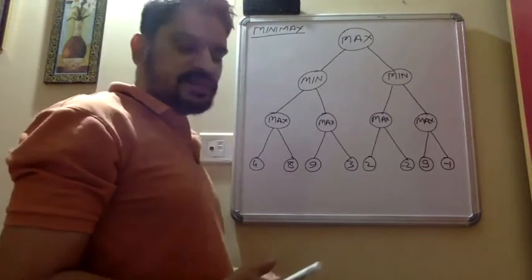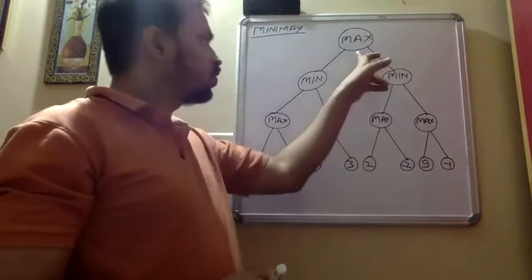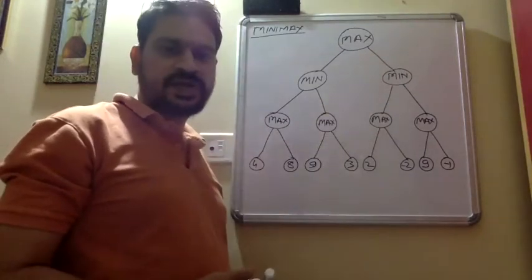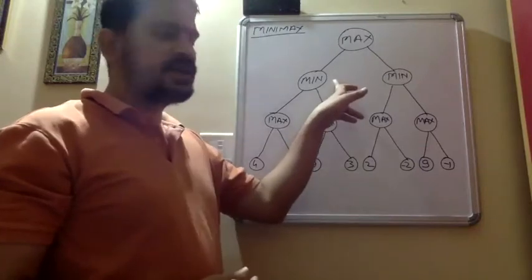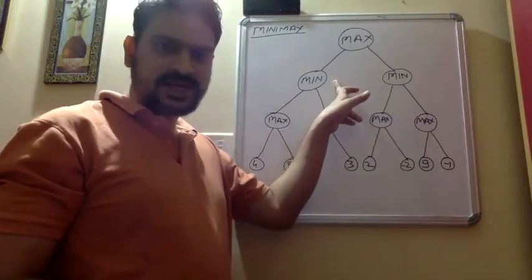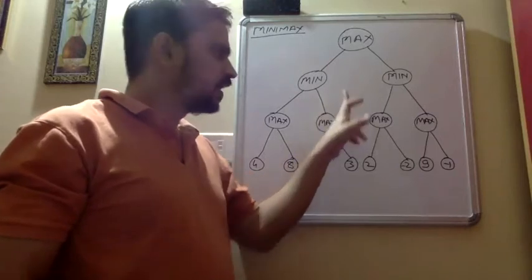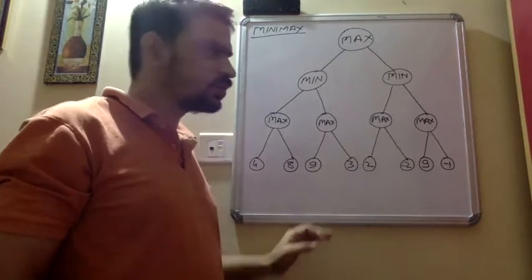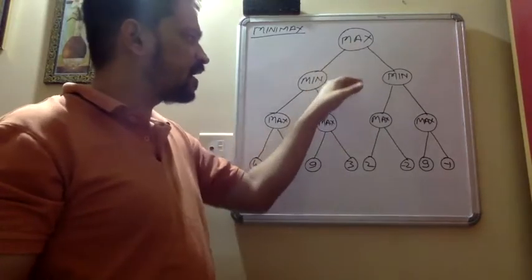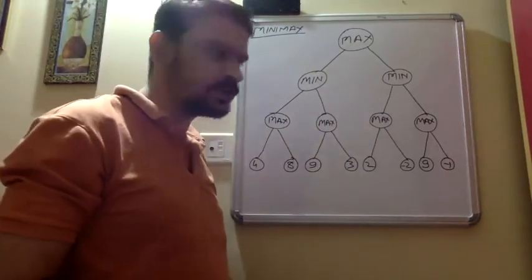So we'll start with the root node. You can understand that the root node is you. After that your opponent will play the next move, then you will play the next move, and it goes on that way. That's why it is a maximizer, then a minimizer, and then a maximizer.